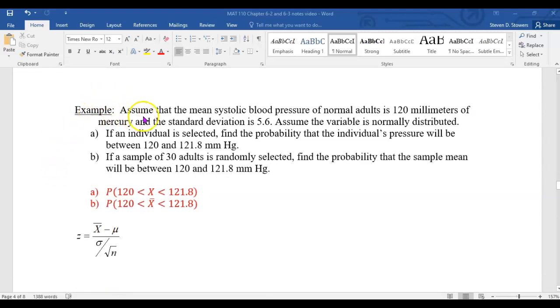So assume that the mean systolic blood pressure of normal adults is 120 millimeters of mercury. That's just the units that blood pressure is typically measured in. And the standard deviation is 5.6. So we've got our population mean and our population standard deviation, our mu and our sigma.